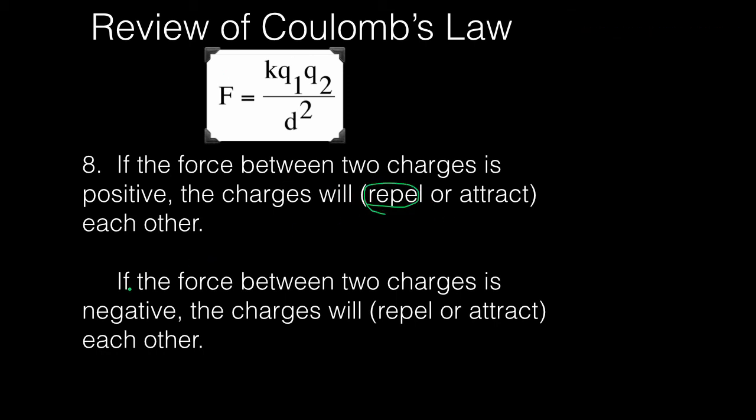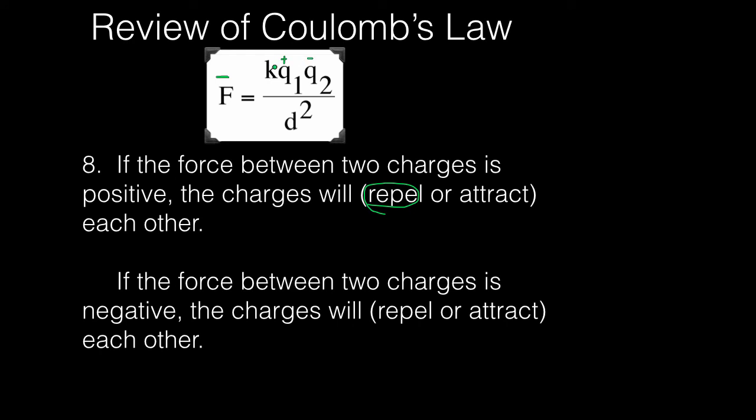Now let's look at this one. If the force between two charges is negative, so now if this force turns out to be negative, using Coulomb's law, the charges will repel or attract each other. And so if you had a negative force here, the only way for that to happen is if you had opposite charges. One has to be positive and one has to be negative.